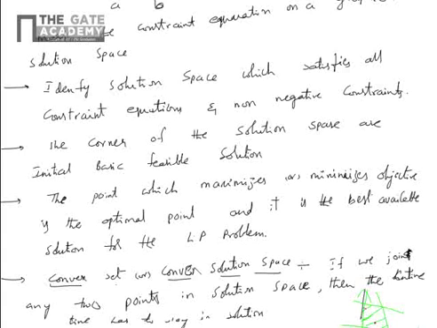You can select any 2 points, and if you join them, the line has to stay in the solution space. Then it is called a convex solution space. We accept only convex solution sets for optimal solutions.